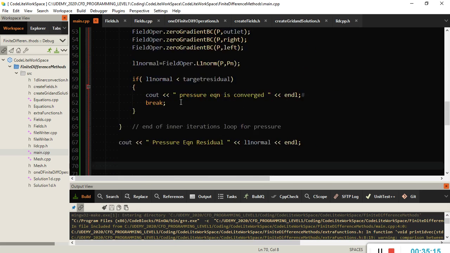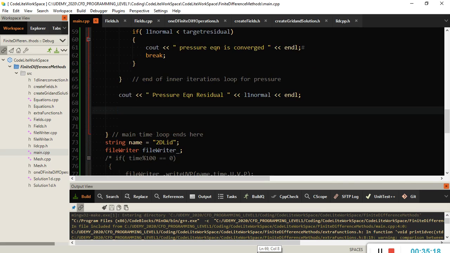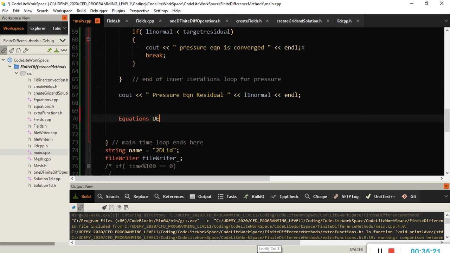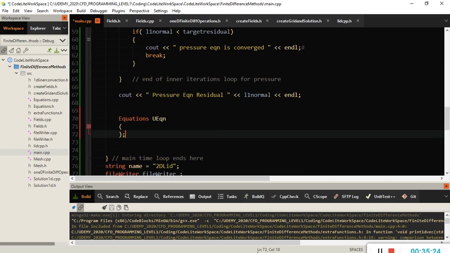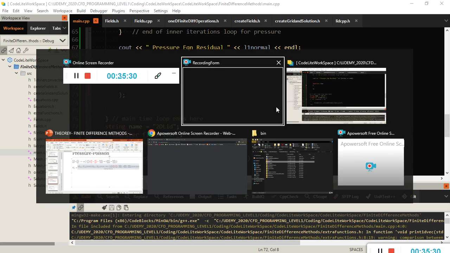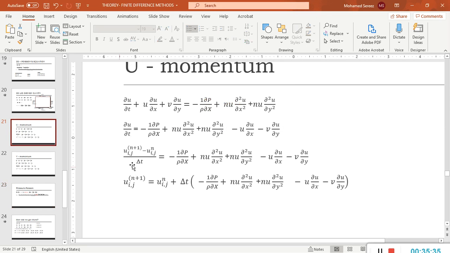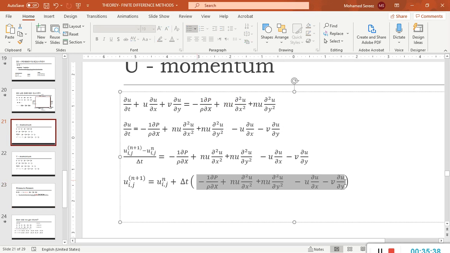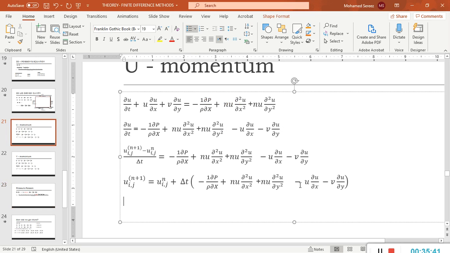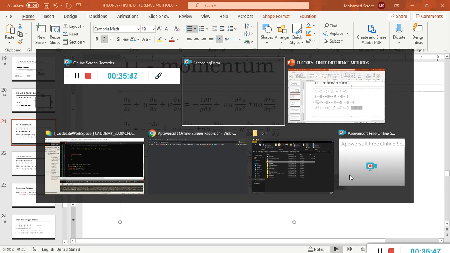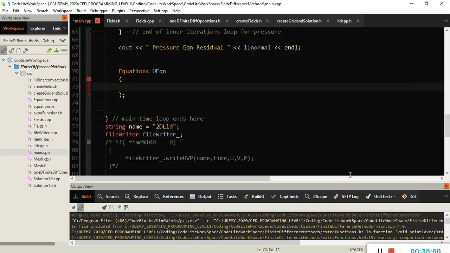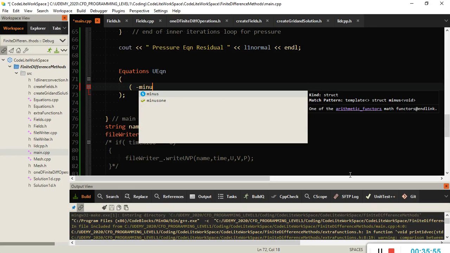Time for us to write our momentum equations, and they probably will be simpler. So u equation, constructor, close, and let's have a look at the presentation. We want to write it exactly as it is. So let's first write this term. So we can start with the convection part, and we actually need to say that the first term is minus 1.